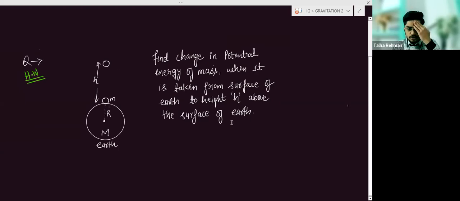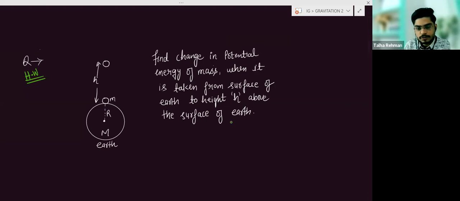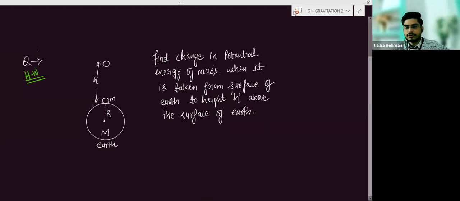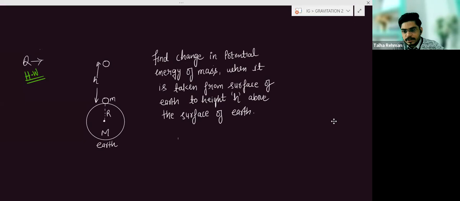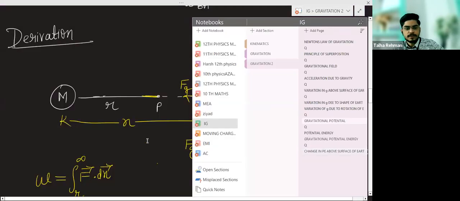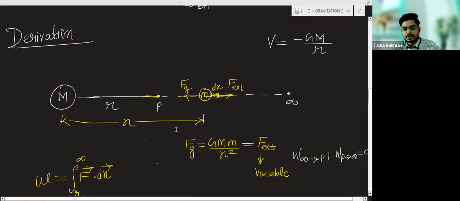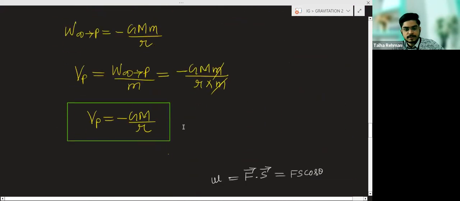So what I told you about the formula for the gravitational potential energy, you can check your notes. Whenever you are getting any confusion, you should check your notes first. So here is the gravitational potential energy between two masses.